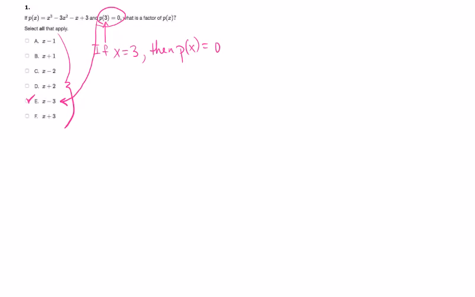p of 3 equals 0. Okay, so we check that one right away, and that's one answer that we know for sure, and that's easy, right? But that also tells us that this x minus 3 is divisible by this. Okay, and so we can set up what's called polynomial long division.